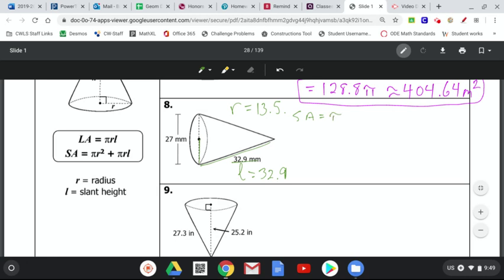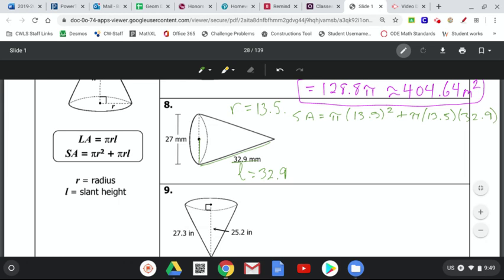So pi r, which is 13.5, squared plus pi times 13.5 times slant height, which is 32.9.